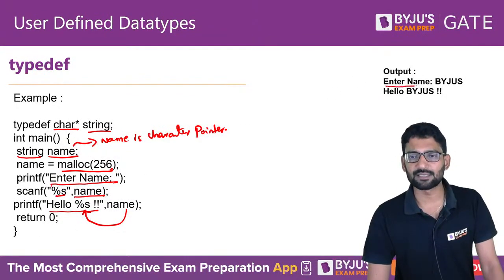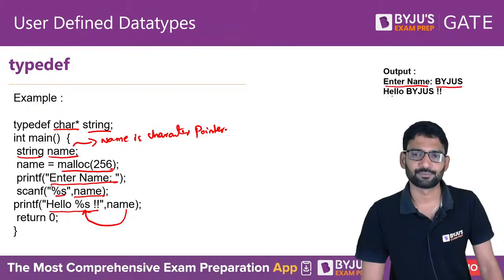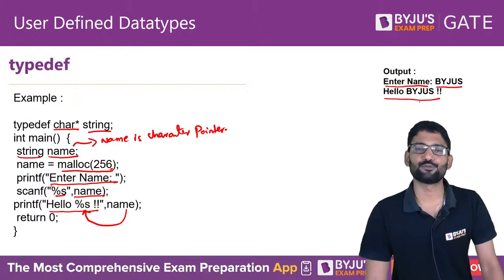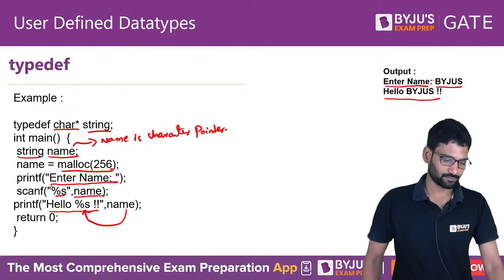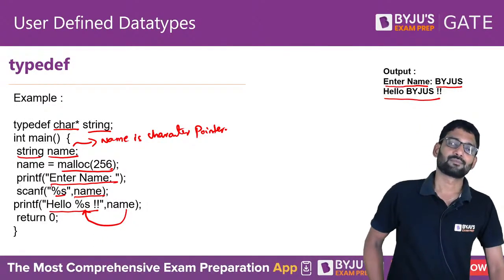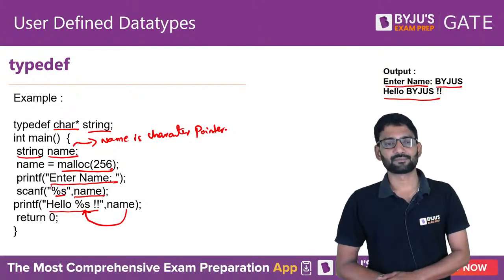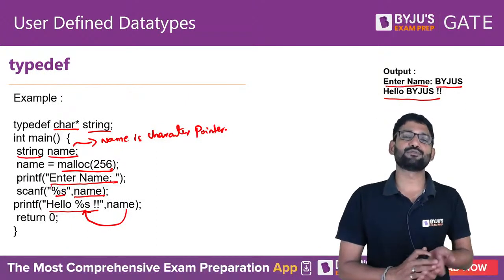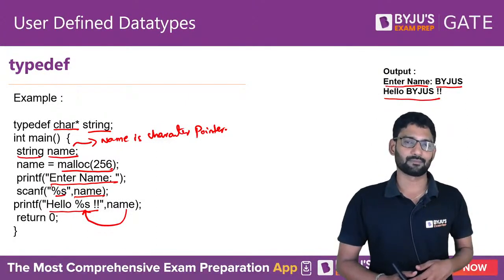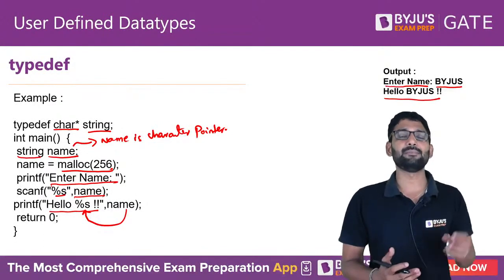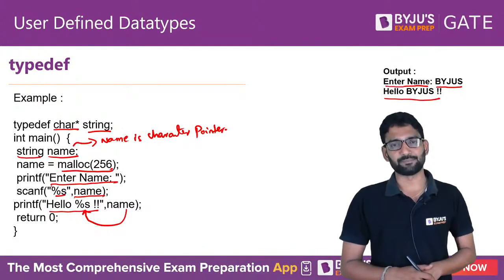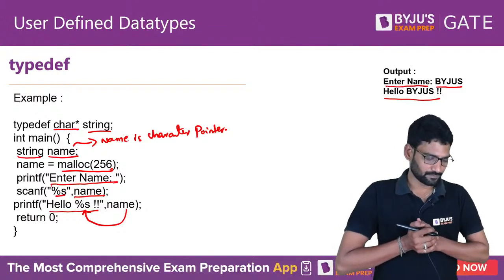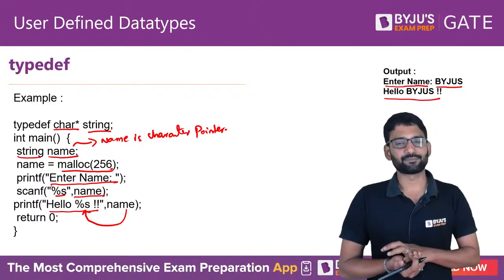Suppose if you are asked enter name, I have given BYJU'S, then what I will get? Hello BYJU'S. Is this clear? So typedef is not used to create a new data type. It is used to rename an existing data type. Is this clear for everyone?